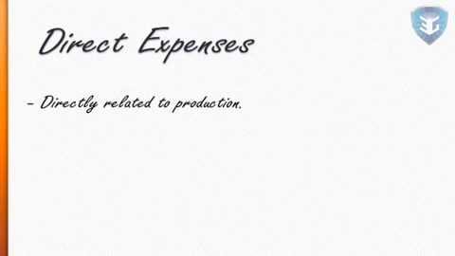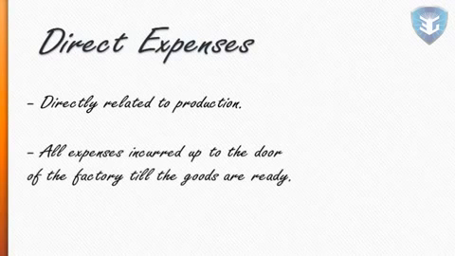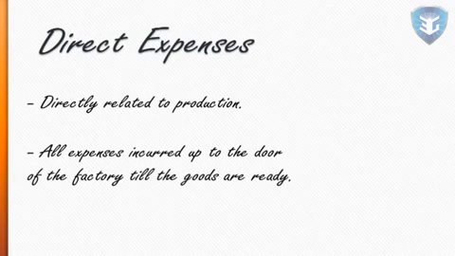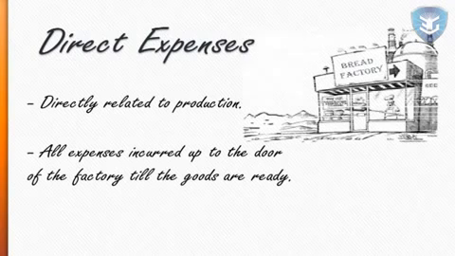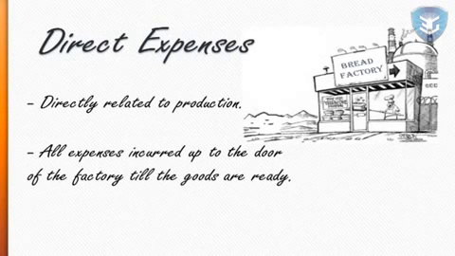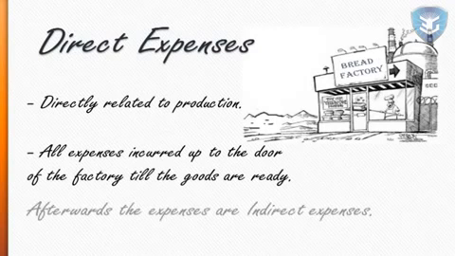To make it more convenient, I can say the expenses incurred up to the door of the factory. Suppose you are running some factory, you are publishing books, or you are making bread and biscuits in your factory. All expenses and losses up to the door of the factory, when the goods are ready, up to that point, the expenses are direct, and after that, all expenses are indirect.